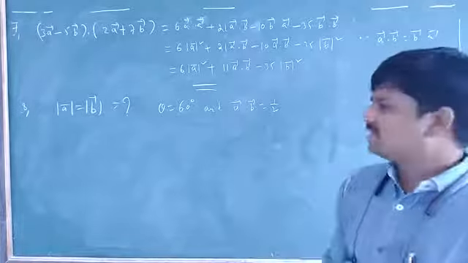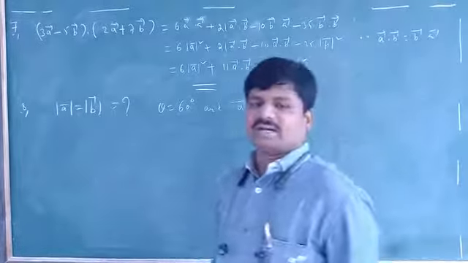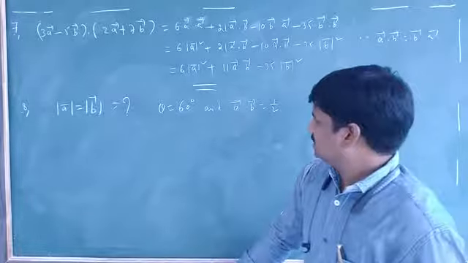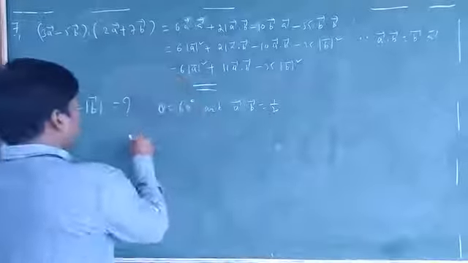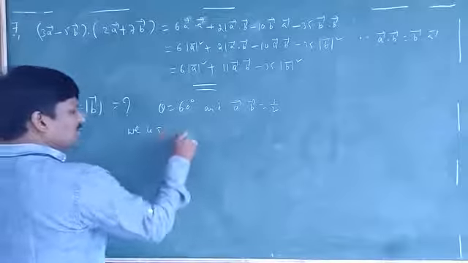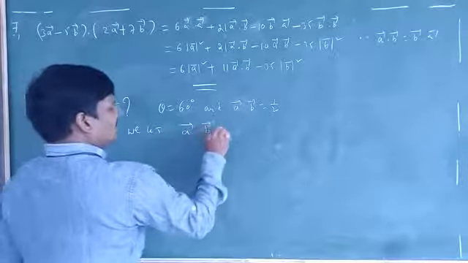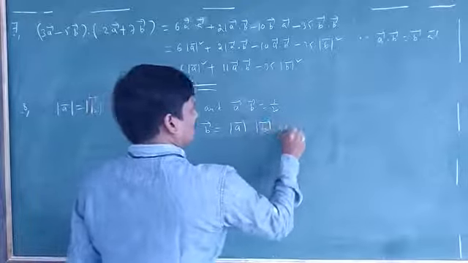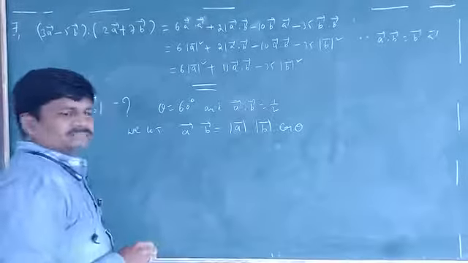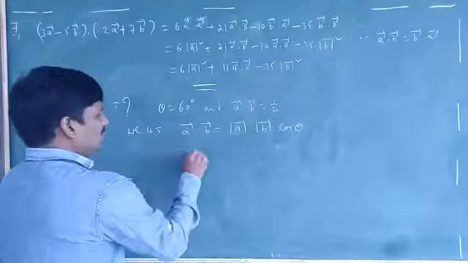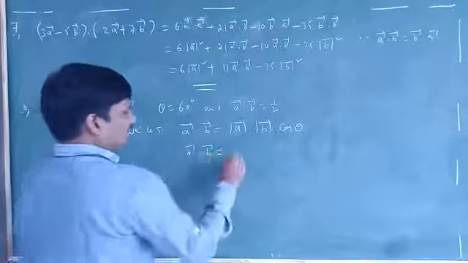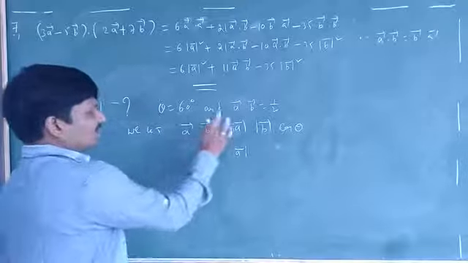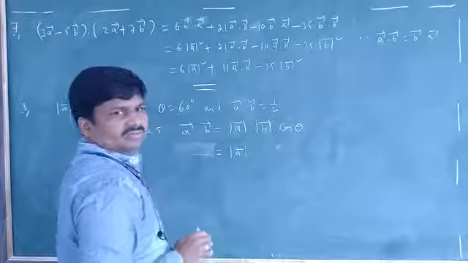Now what is asked here? Find the magnitude of vector a bar and magnitude of vector b bar. So to find them, what formula do we know? We know that a bar dot b bar is equal to mod a bar mod b bar into cos theta. Here a bar dot b bar value is already given as 1 by 2.